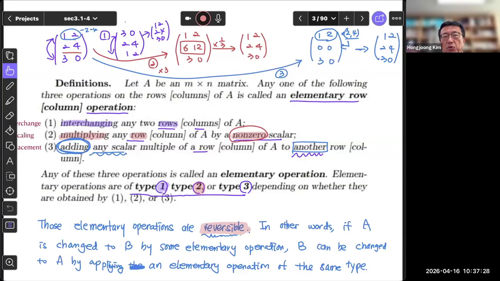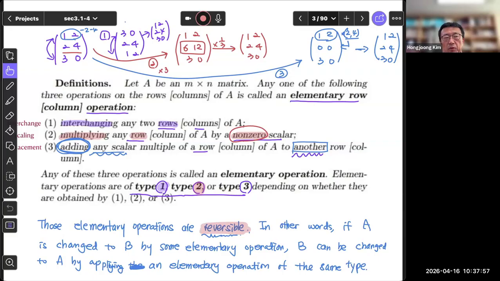We can perform those operations on a certain row or a certain column, and these row operations will be called elementary row operations. In the textbook, if you see the exercises, there are some examples of elementary column operations, but in most cases, we will focus on elementary row operations.